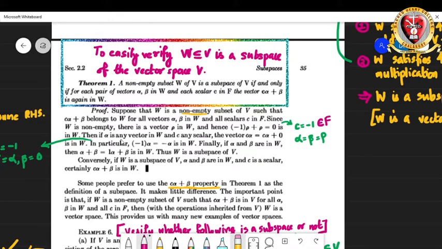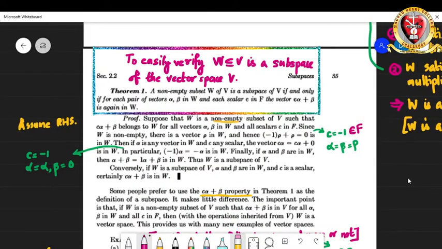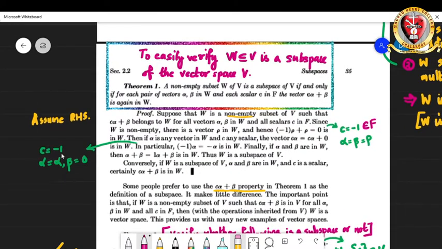Then if alpha is any vector in W and C is any scalar, then in that case, we are taking C equal to minus 1. Let alpha be alpha, beta be equal to 0. We understood that 0 belongs to W. We proved it now.